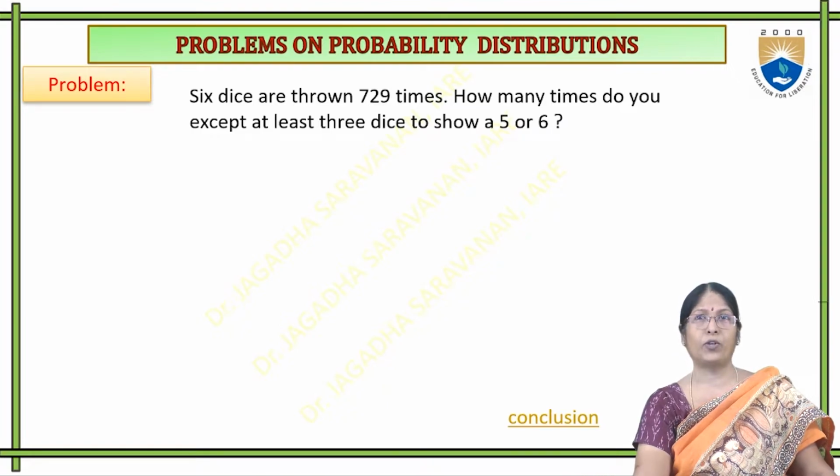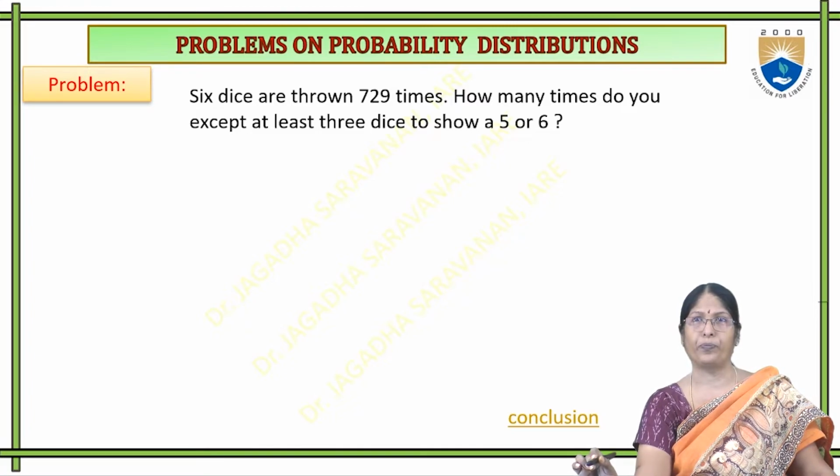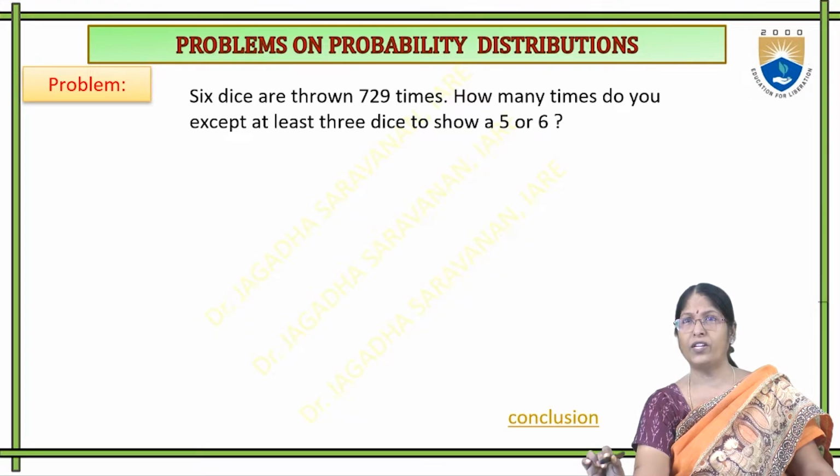In some problems it may be coins. Here 6 dice are given, and we are throwing them 729 times. These are the conditions given in the problem.